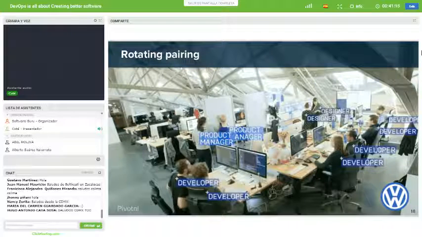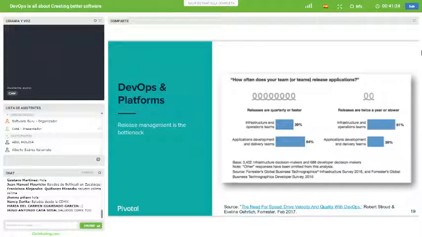Trainers, if you will, then go to other teams and pair with people and train these new people how to do their work. Then I've gone this whole way, even though I ostensibly said this is not really a DevOps talk. I'm not talking about DevOps or the exciting part of release management and automation.